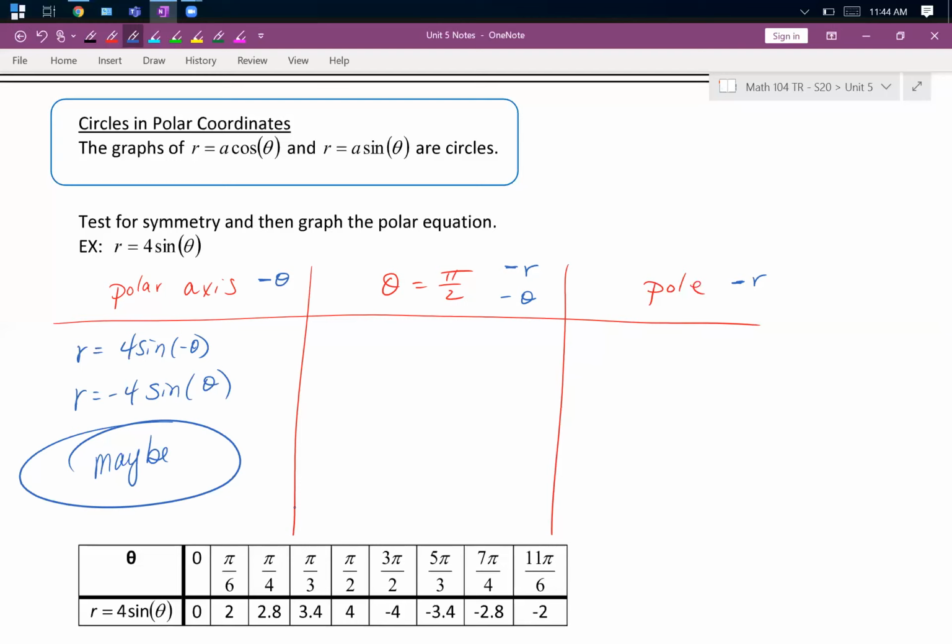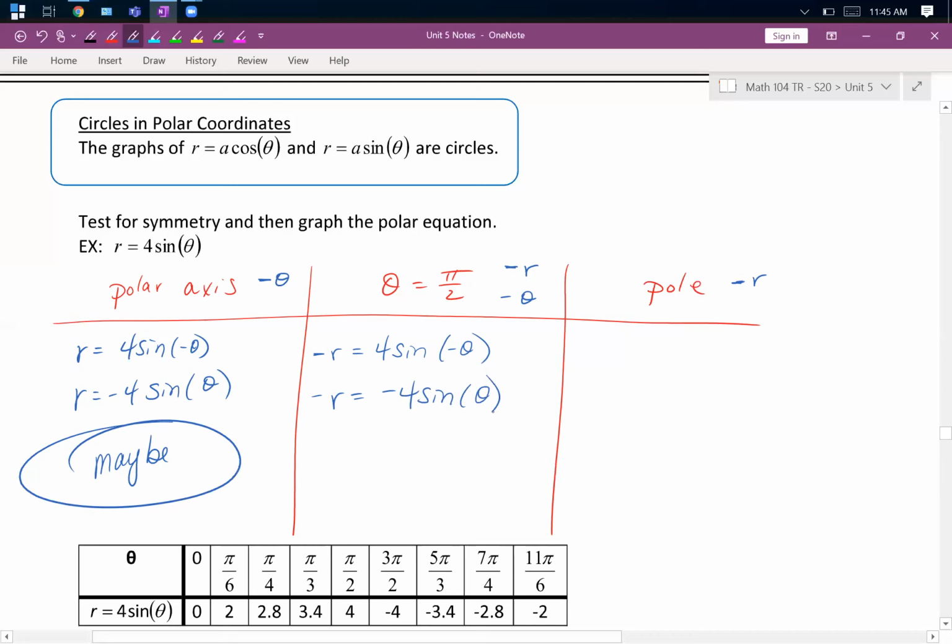For symmetry with respect to the line theta equals pi over 2, we're replacing both. We'll start with our negative angle identity. We know that sine of negative theta turns into negative sine of theta. I look to see if it's my original.